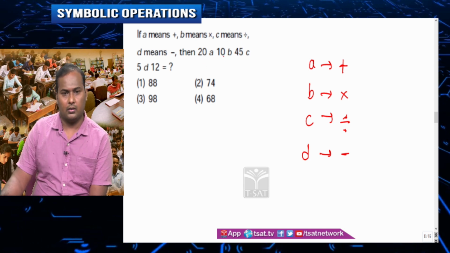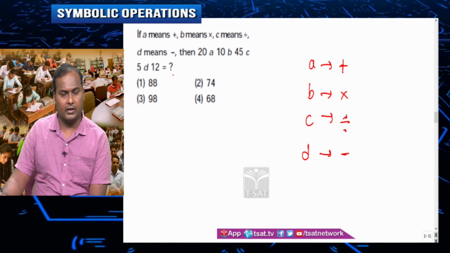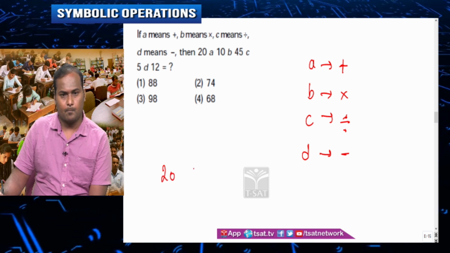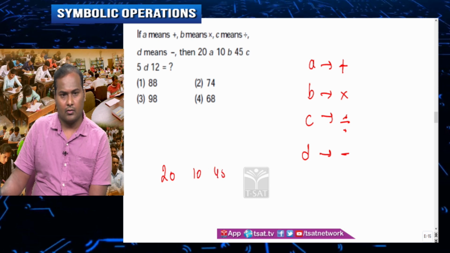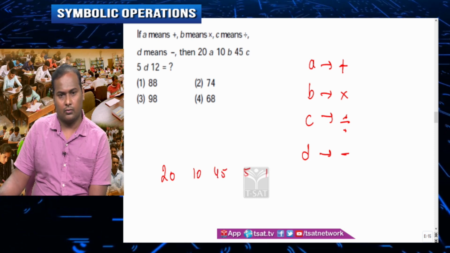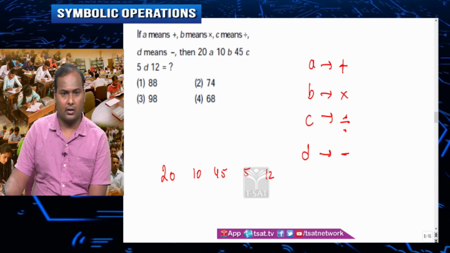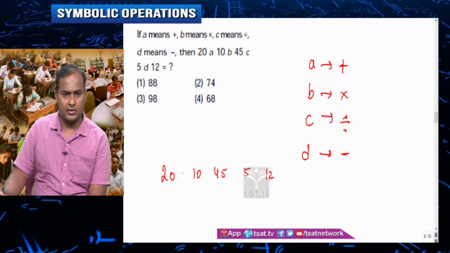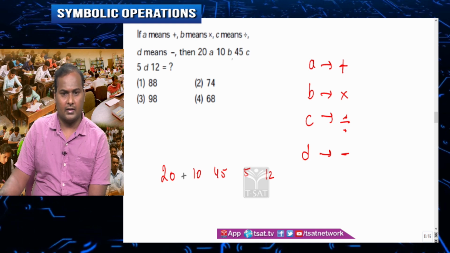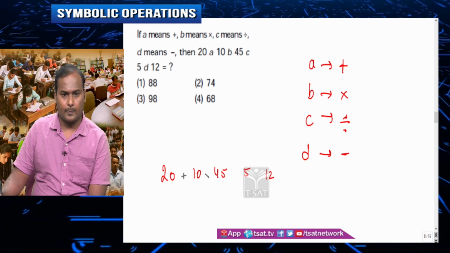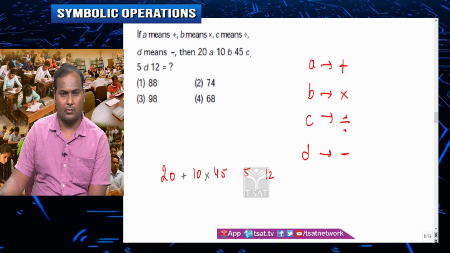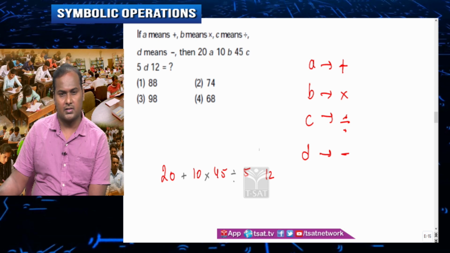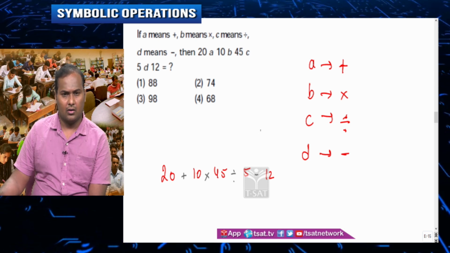Then 20A, 10B, 5C, 5D, 12 is how much, he is asking. So 20, 10, 45, 5 and 12. Now replace with the symbols: A means plus, B means multiplication, C means division, and D means subtraction.